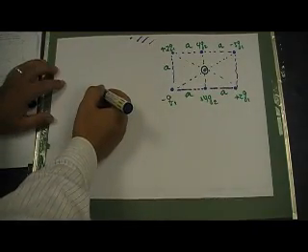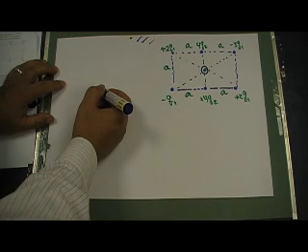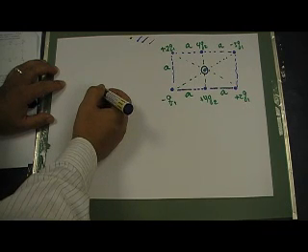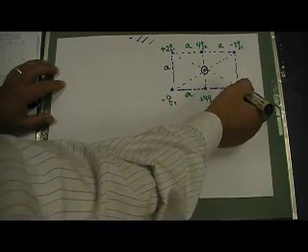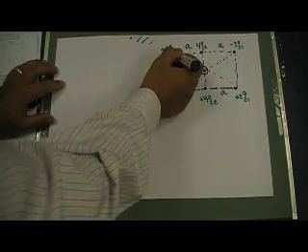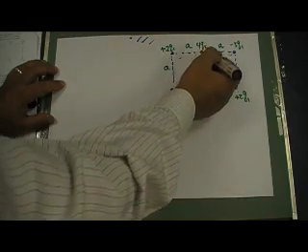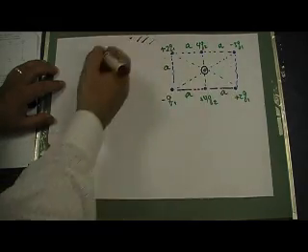Now, what I would advise you to do is to split the problem into 2 parts. First, find the potential due to the points at the corner, and I'll tell you why I do that. Then find the potential due to these other points, and add these up.